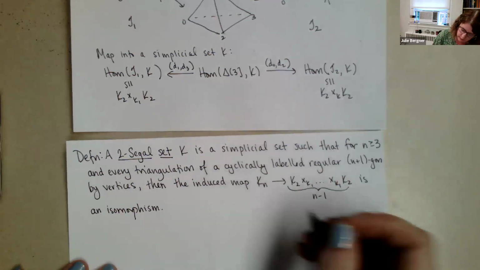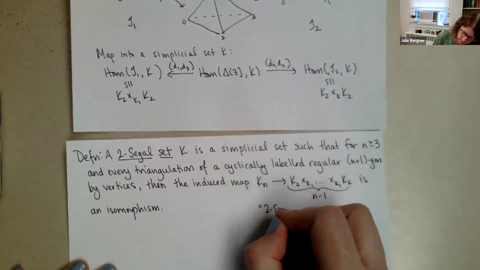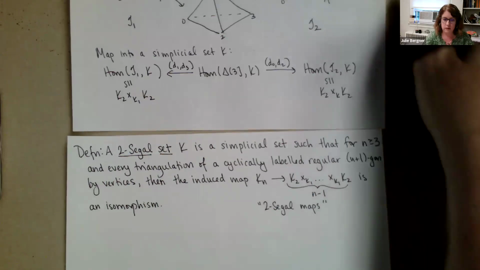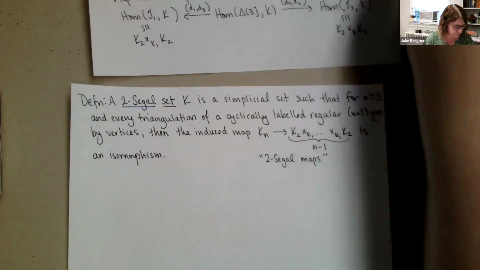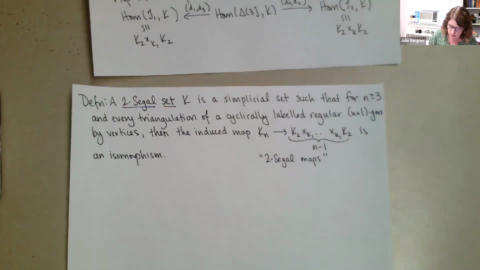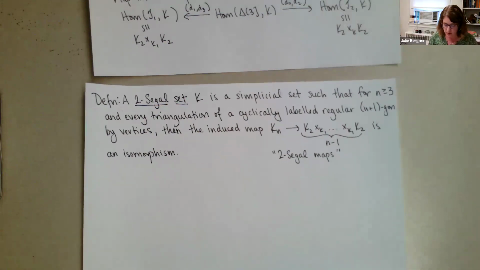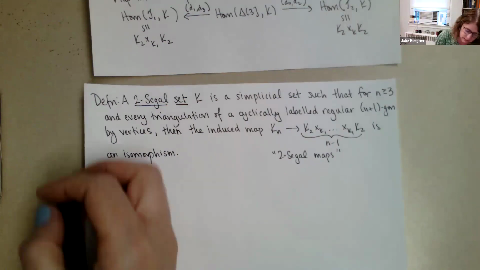And just as we did with one Segal, these are called the 2-Segal maps. All right, now at the beginning of the talk, I claimed that these should have a particular structure. So we should check that this really does have that.